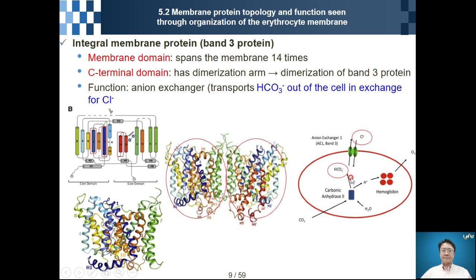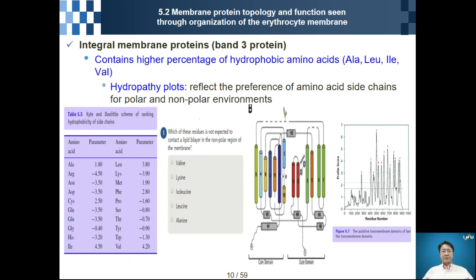Okay. The special characteristic of the integral membrane protein is that it contains a higher percentage of hydrophobic amino acids, including alanine, leucine, isoleucine, valine. So table 5.5 shows the hydrophobicity of the side chain of the amino acids.